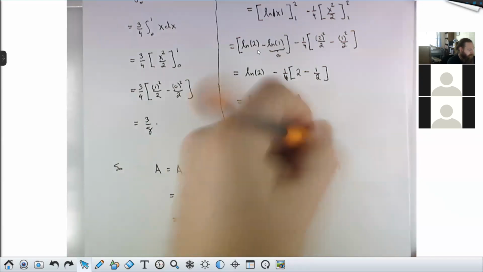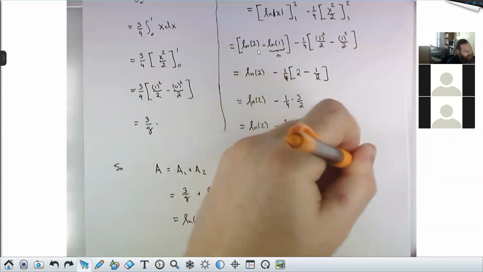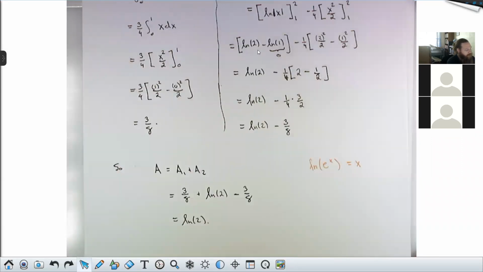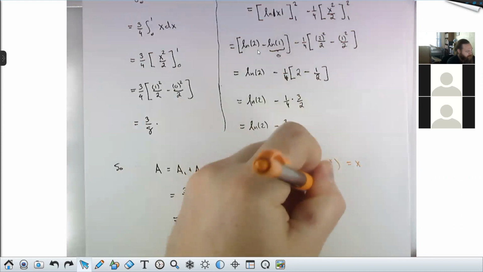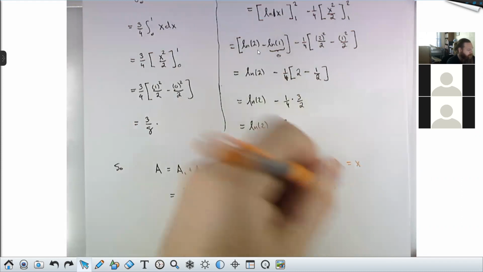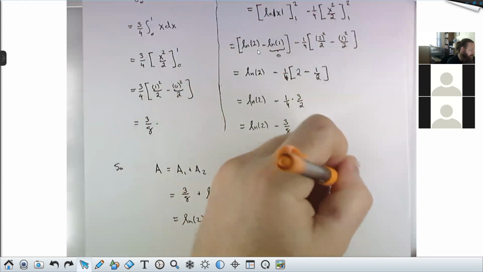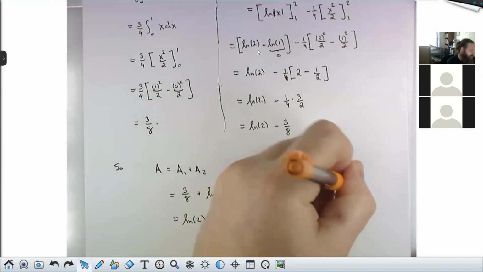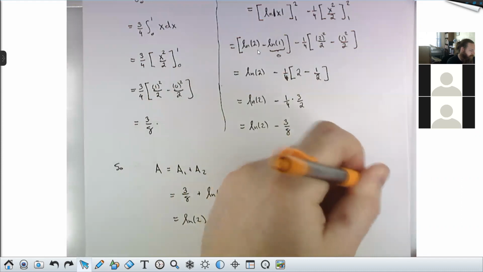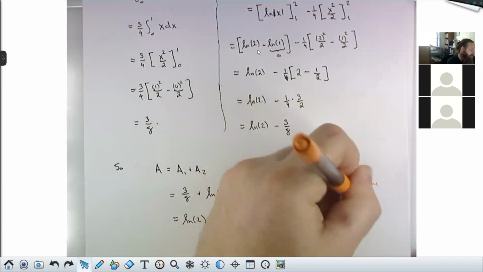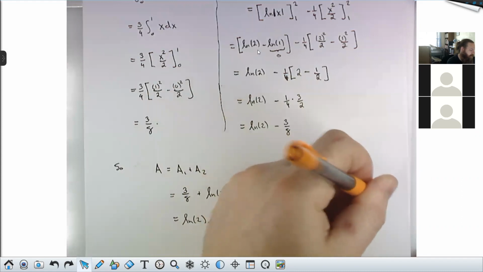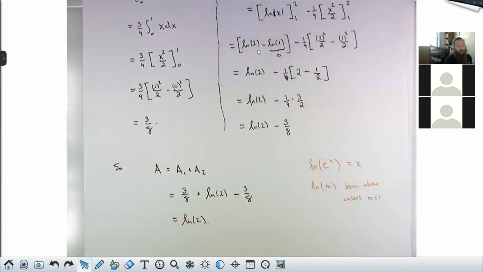Remember, this is just x. But the ln of an integer m, we just leave this alone, unless m is equal to 1.